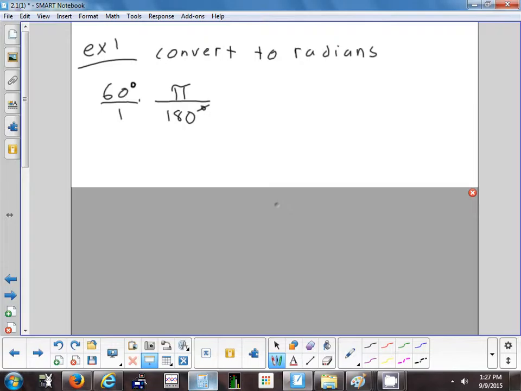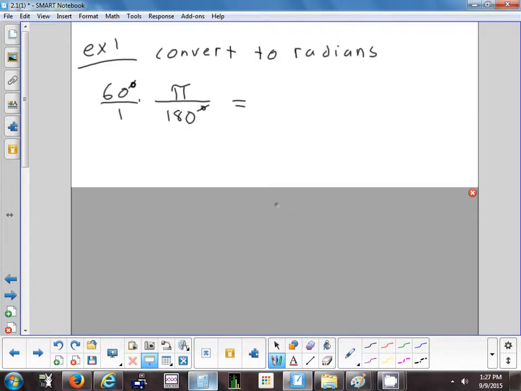So we have degrees in the bottom, degrees in the top. Cancels out. And Hunter, what can I divide both 60 and 180 by to reduce it? What can I divide both 60 and 180 by to reduce that? 3?